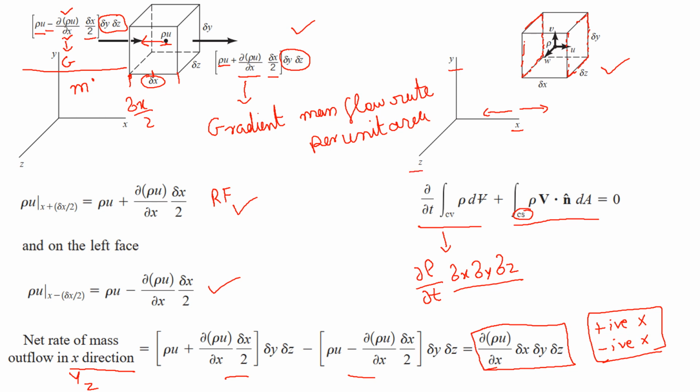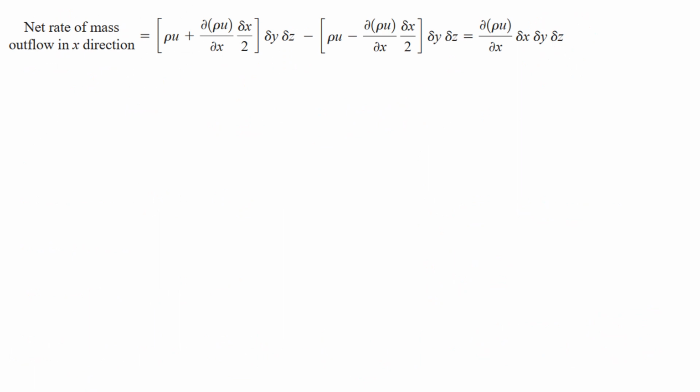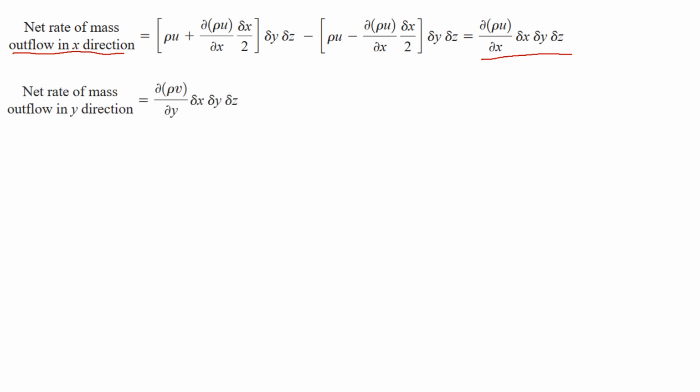This is what we derived in the previous slide, the net rate of mass outflow in the x direction, and this is what it was equal to. Now let's find the net rate of mass outflow in the y direction. It will be derived by the same method, but we are not going to repeat that. If you want to, you can, because it's derived in the same manner that we saw in the x direction.